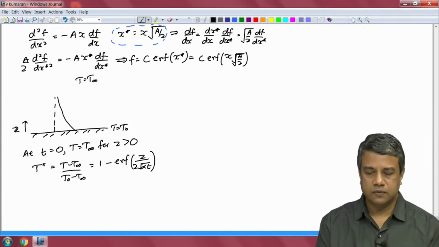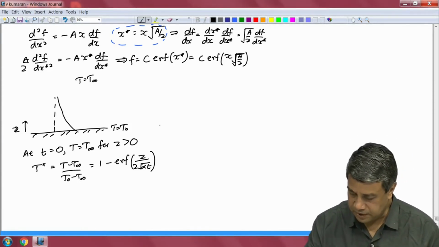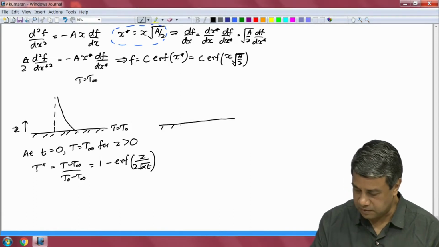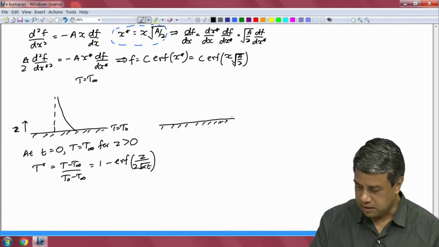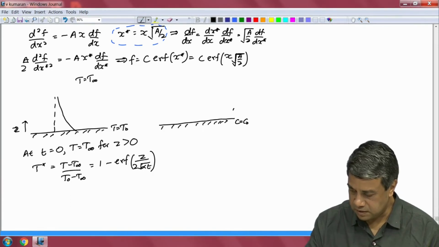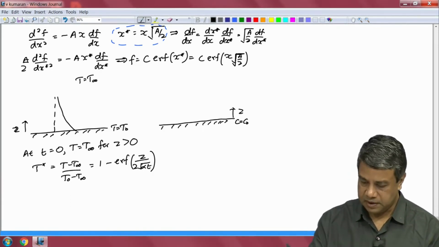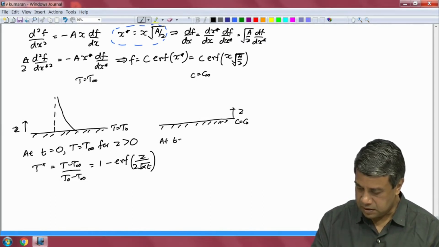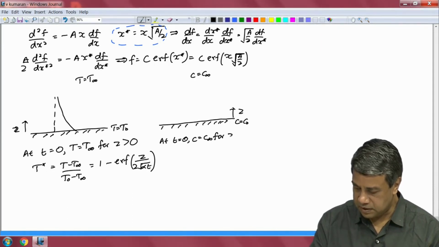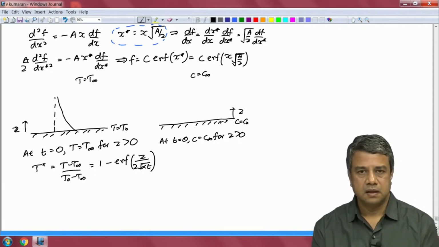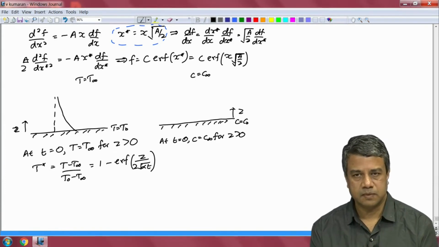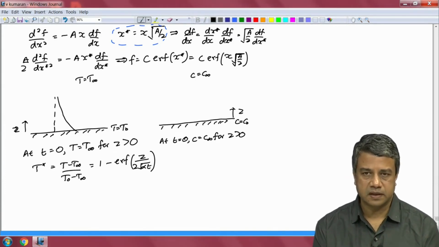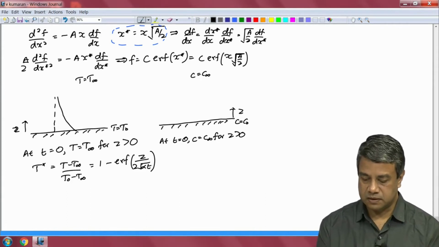The same thing I can do for a mass diffusion problem. In this case, I will have c is equal to c naught here. This is the z coordinate. C is equal to c infinity far away, and at t is equal to 0, c is equal to c infinity for z greater than 0. The equations are the same, only you have to substitute concentration for temperature and mass diffusivity for thermal diffusivity. Therefore, the solution is also going to be the same.